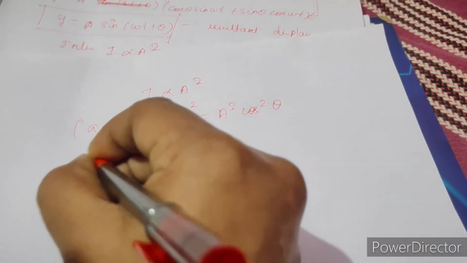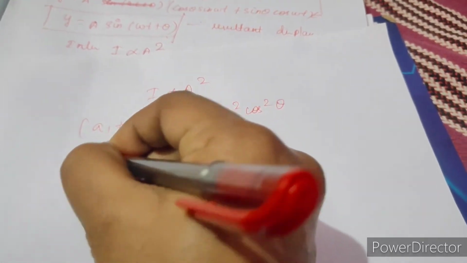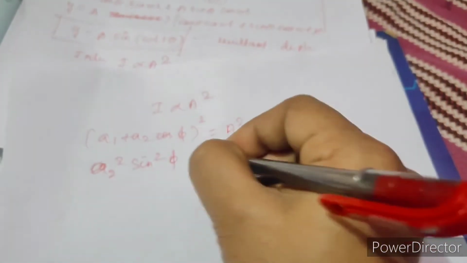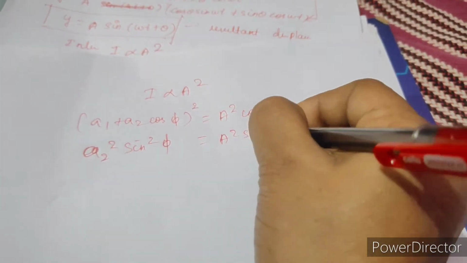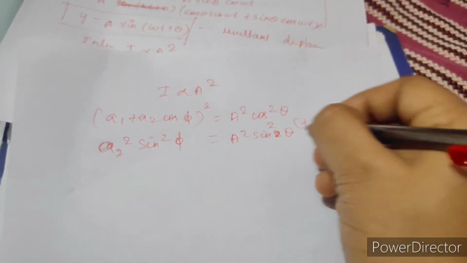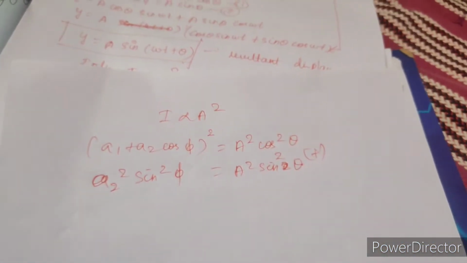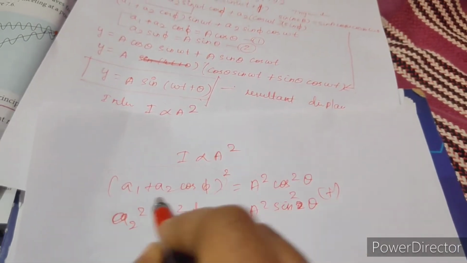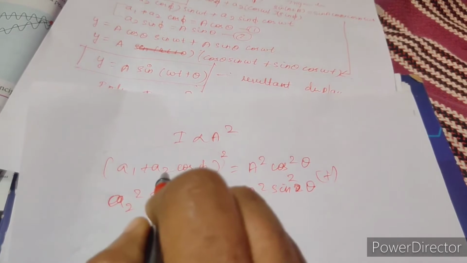The second term is A2 squared sin squared phi is equal to A sin squared theta. So we are going to add these. Before adding, this is in the format of (a plus b) the whole square.